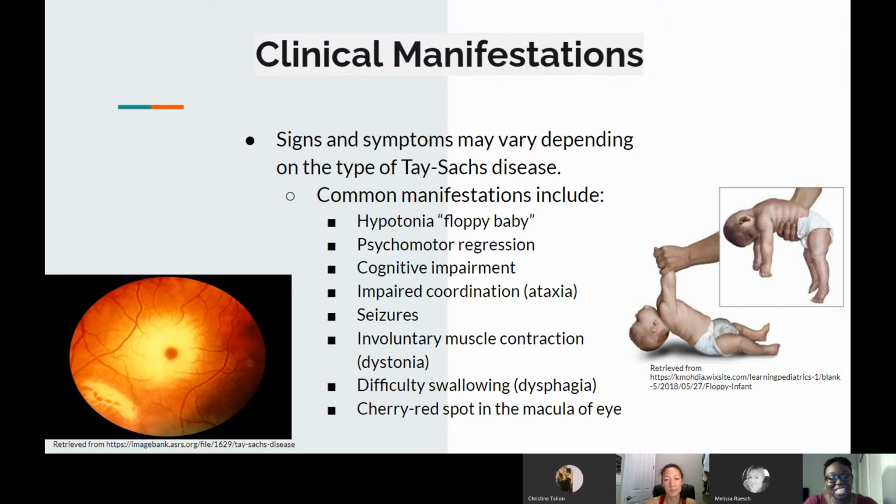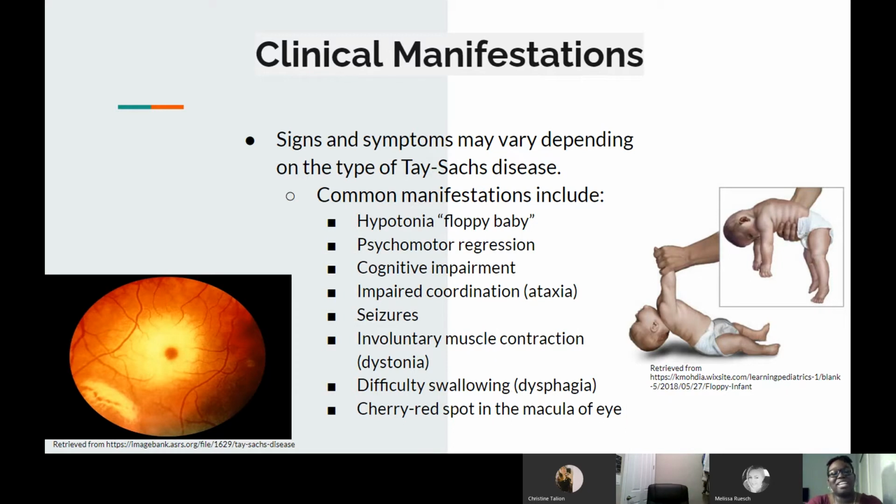For the clinical manifestations, the signs and symptoms vary depending on the disorder. But most commonly in infants, they will experience hypotonia, which is muscle weakness, which will make them seem floppy and limp when you pick them up. It's called floppy baby.